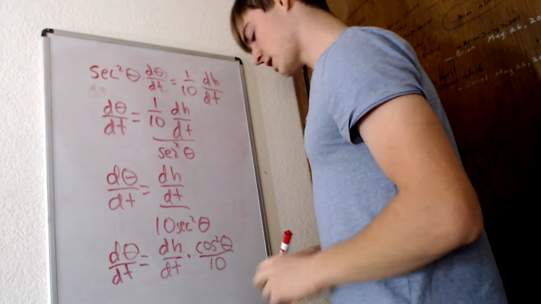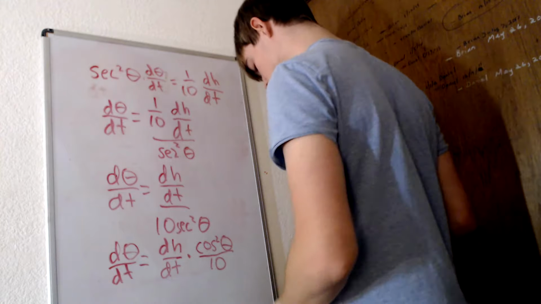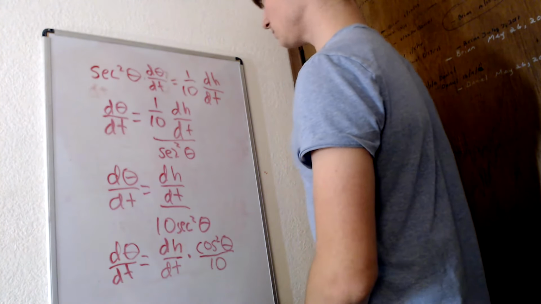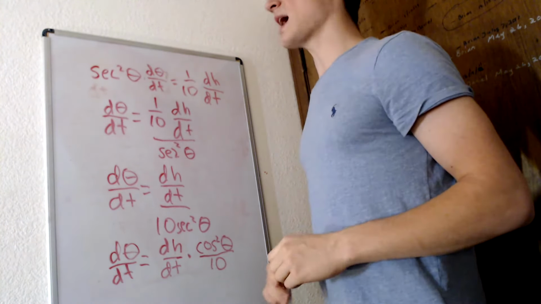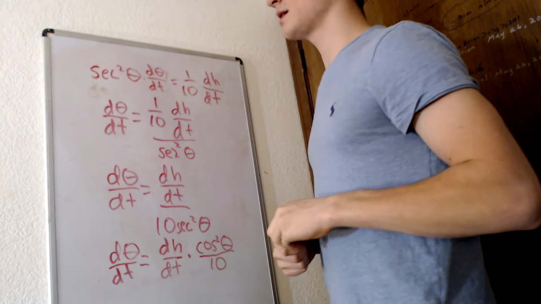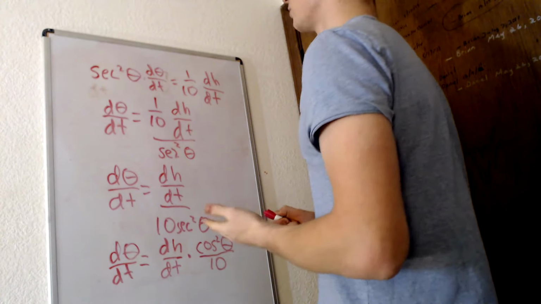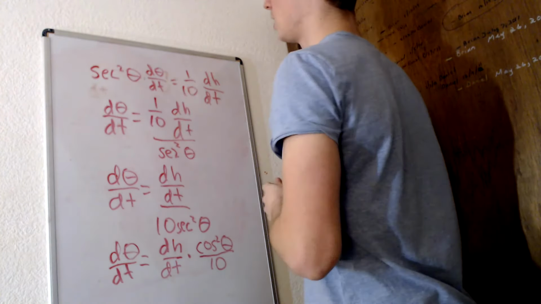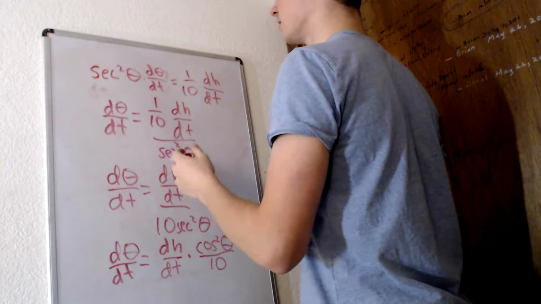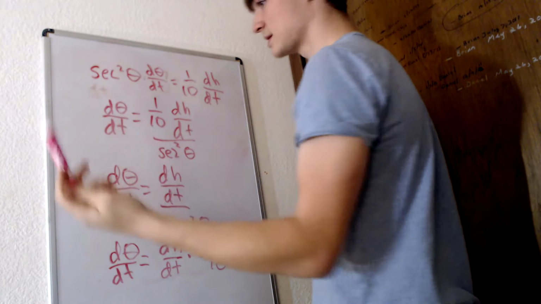Alright, so now what we have to do is some fun algebra stuff. Because the problem is asking us for the rate, we're looking for the change of an angle over time. So we're looking for a rate. So that means we're going to want to solve this algebraically for d theta over dt, because that's our rate.